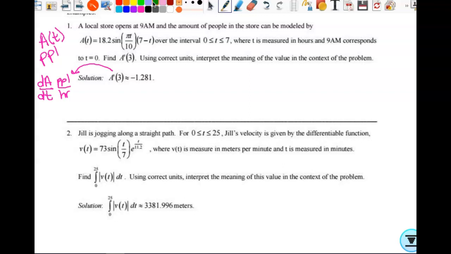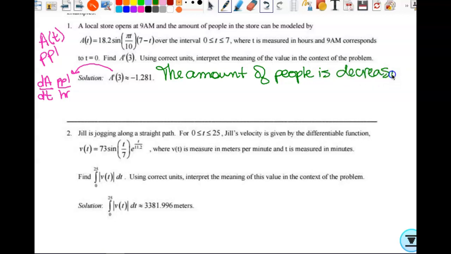Okay, so this represents the amount of people is decreasing at a rate.